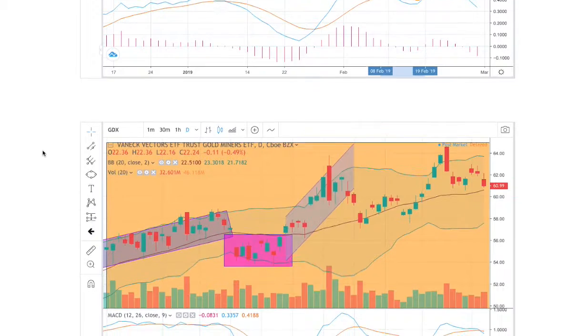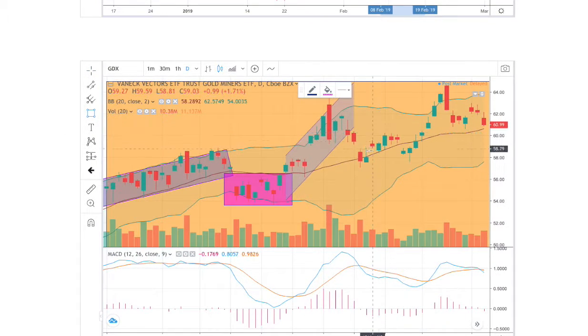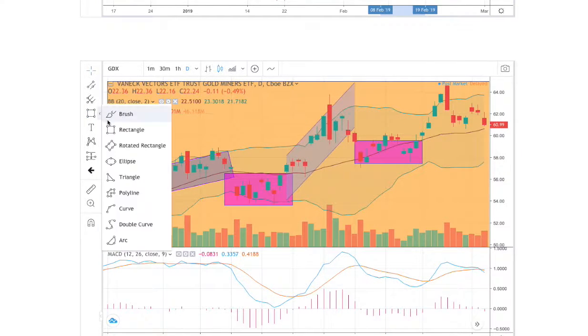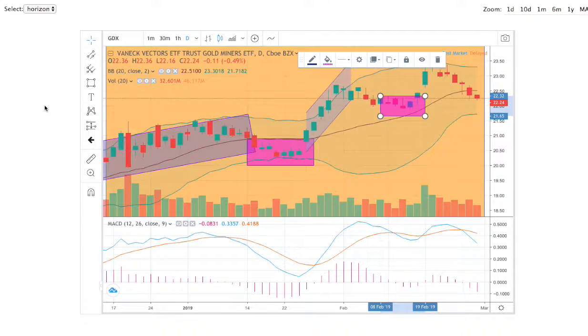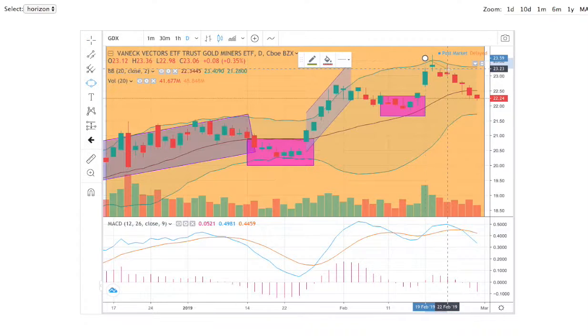Let's mark that on the other trend. If we see the same action in this trend, and then after it touches outside or at the upper Bollinger Band, let's make that ellipse right here as well, upper Bollinger Band.